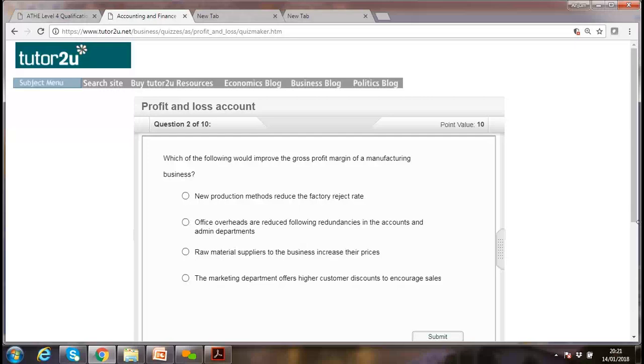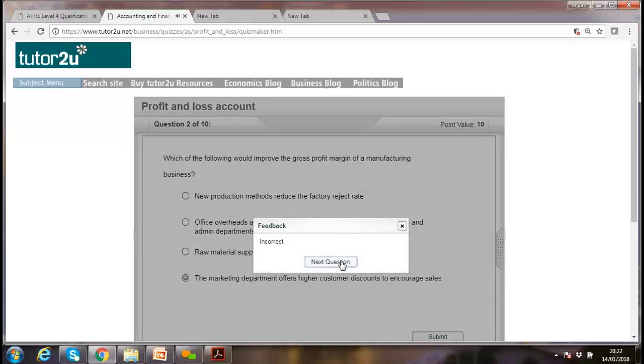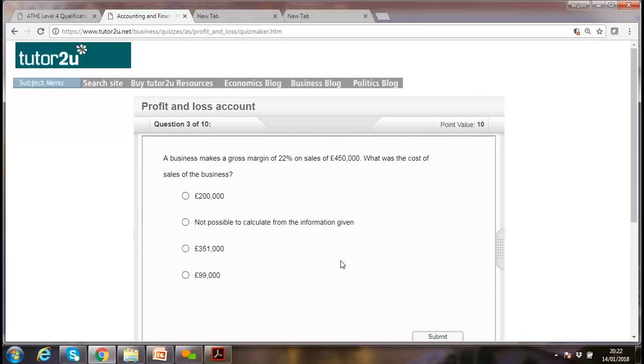Margin is a percentage between selling price and the cost of sales after deducting, and that's your gross profit. How much percent? D. That's not it.